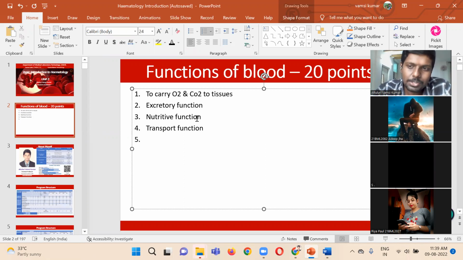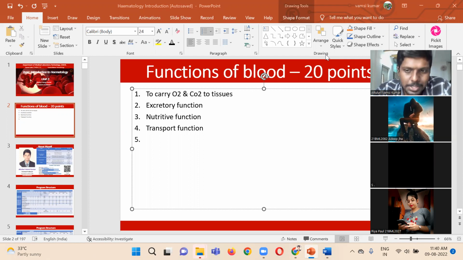Any other functions of blood, students? I want your active involvement. It will be nice. Any more? You can type also. It's okay. Functions of blood. Yes, students. Any other functions of blood? I want every one of you to speak, or at least type, so that I can understand that you are listening.